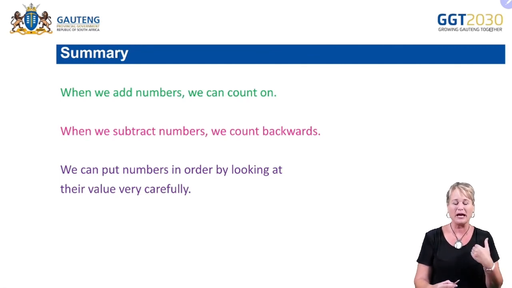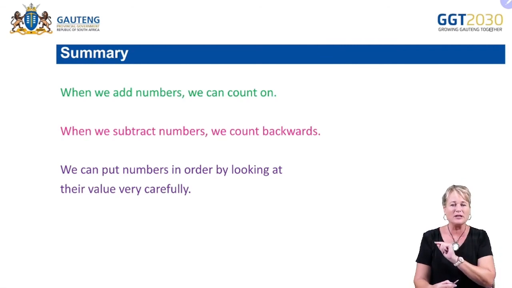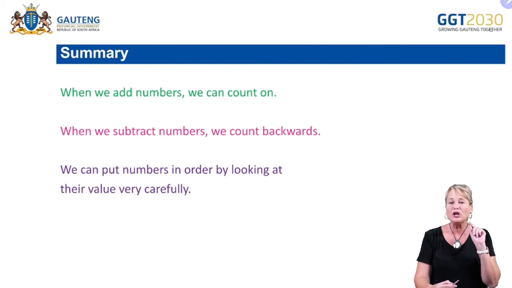And we can put numbers in order by looking at their value very carefully. So we have to read each number and say what it is to ourselves so that we know what the value is. Is it 26 or is it 206? So we read our numbers very carefully.